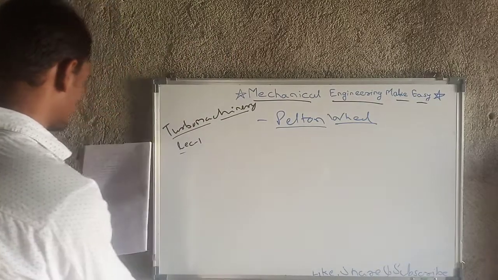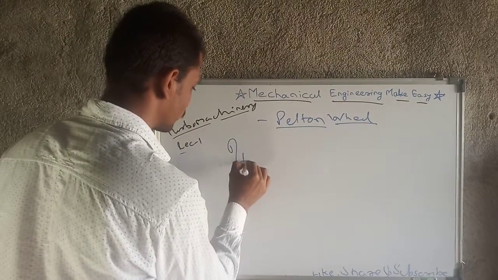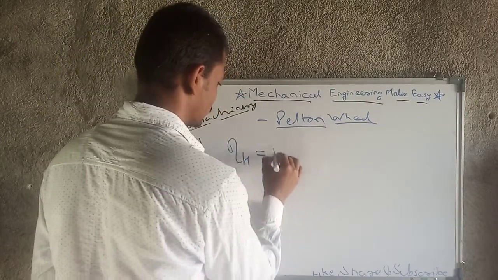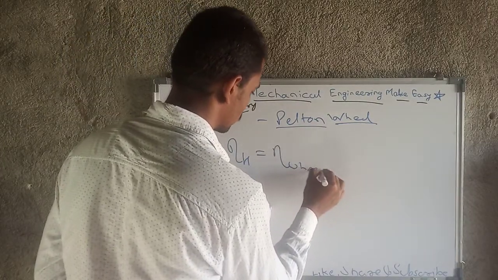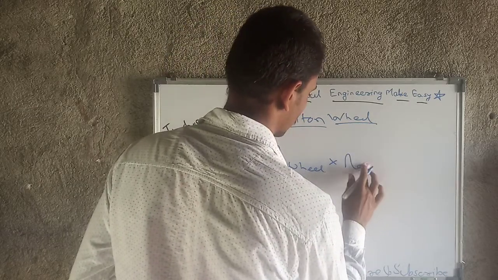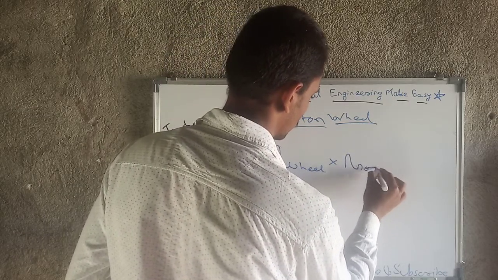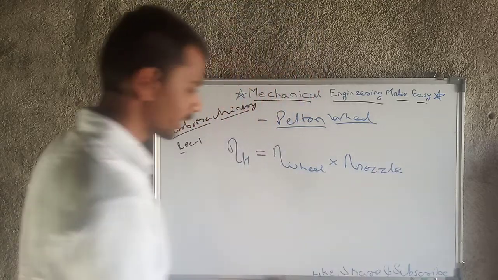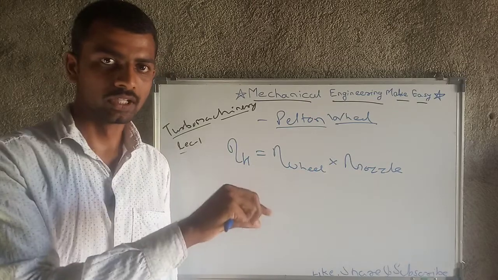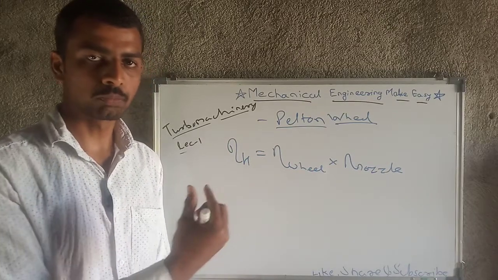Then next concept, again the hydraulic efficiency is also divided into two terms, that is nothing but the wheel efficiency into nozzle efficiency. Because what happens, the water is going to strike the buckets via nozzle, so ultimately nozzle plays too much important role.